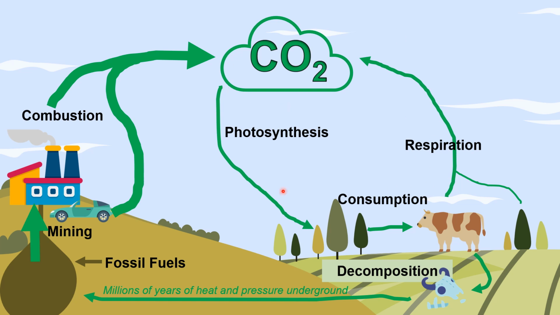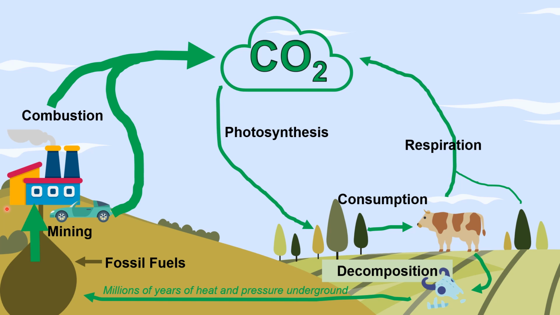While the natural carbon cycle pretty much balances itself, what we are doing is a ton of mining and a ton of combustion. So we are putting so much more carbon dioxide into the atmosphere than the atmosphere could really handle. We're doing a lot more mining and combustion than respiration happening with plants and animals.